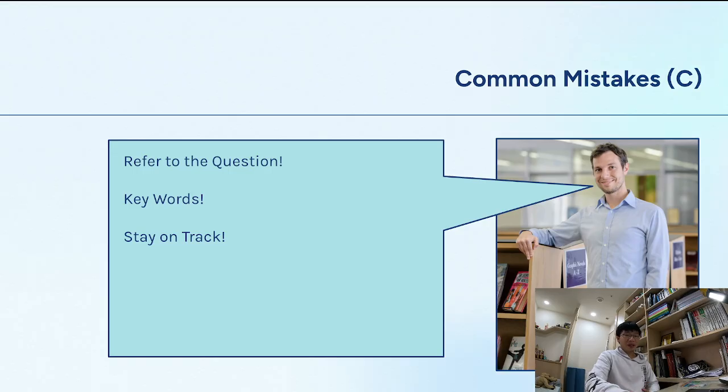Criteria C: you want to refer back to the guiding question. So the guiding question for that was, how did the photograph and caption convey this message? And you want to keep mentioning the keywords that were spoken to make sure that the examiners know that you didn't go off topic. So you want to stay on track to the topic and surround your essay around the guiding question, which was the prompt.